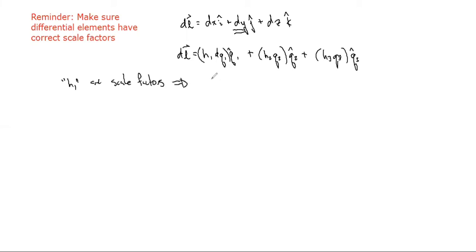And they're chosen in such a way that the units of h dq1 need to be length. So the scale factor itself might be 1. So for instance, for Cartesian coordinates, they're 1. But for other coordinate systems, we might have to choose something else. Okay.